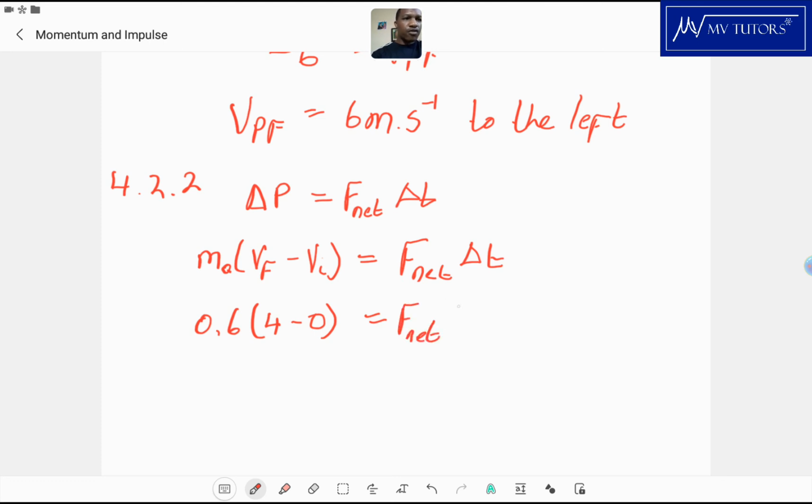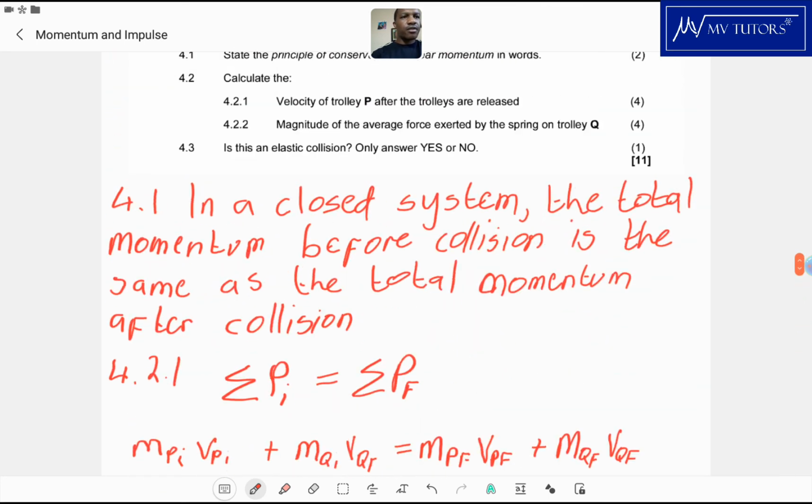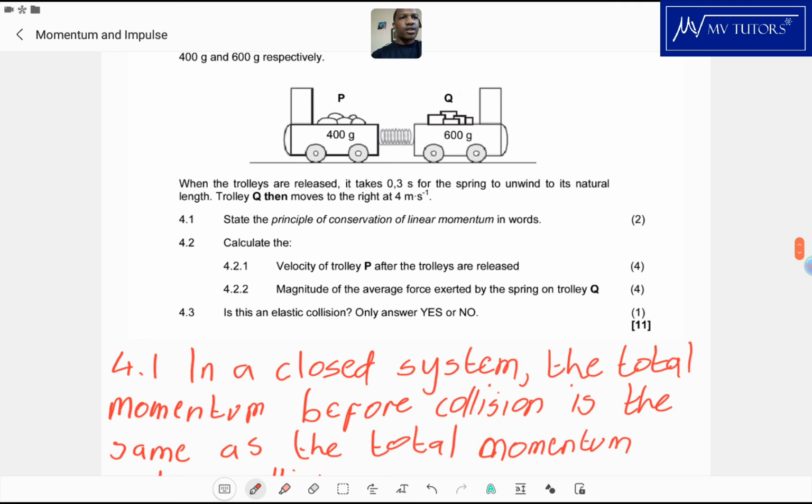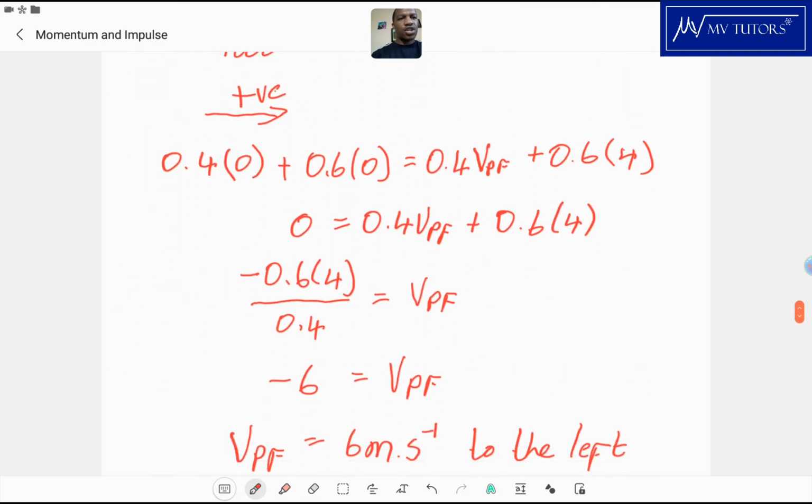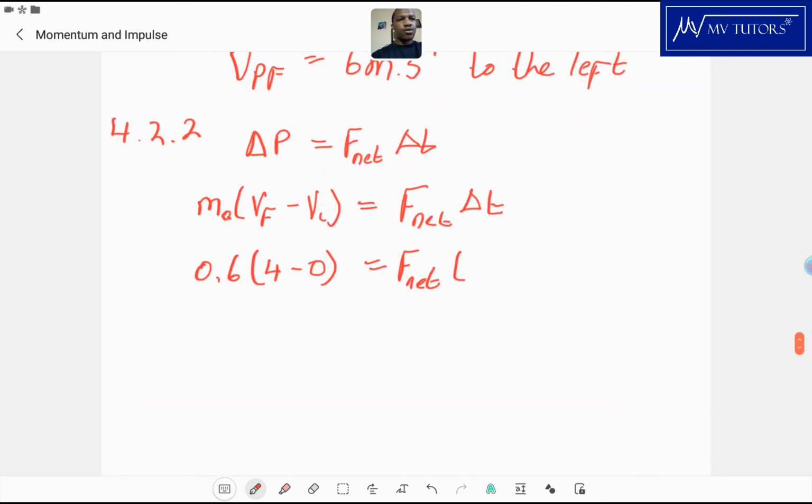But the change in time, we were told that it's 0.3. So it takes 0.3 seconds for the spring to unwind to its natural length. It's the same as doing final minus initial, and the final minus initial has given us 0.3.